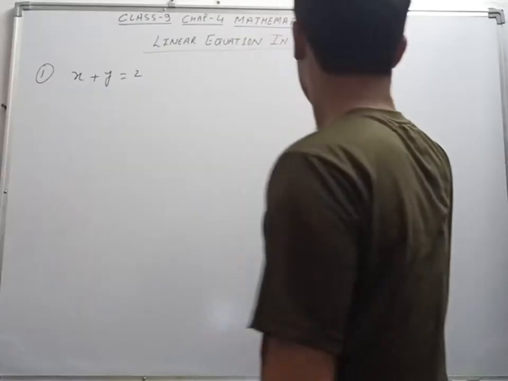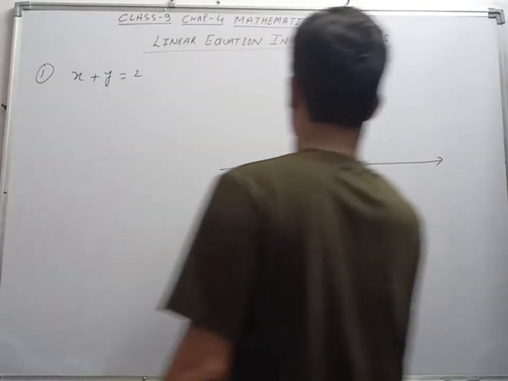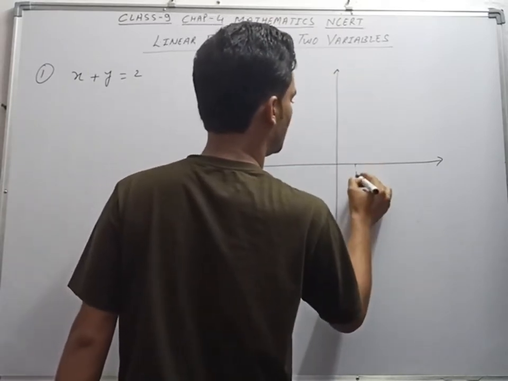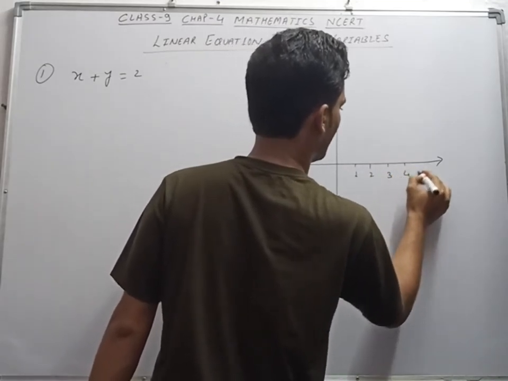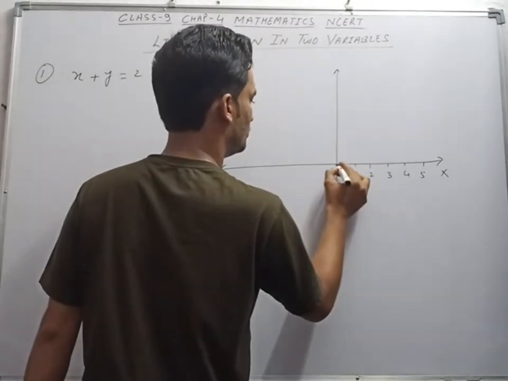So I am making one coordinate plane here. Again I am reminding, while making this you can use graph sheet. This distance must be the same. This is x, this will be 0, as you know.